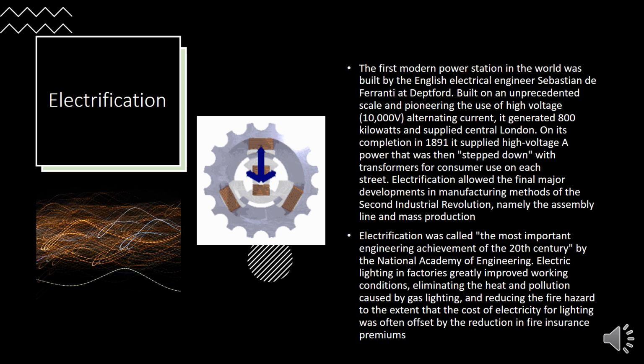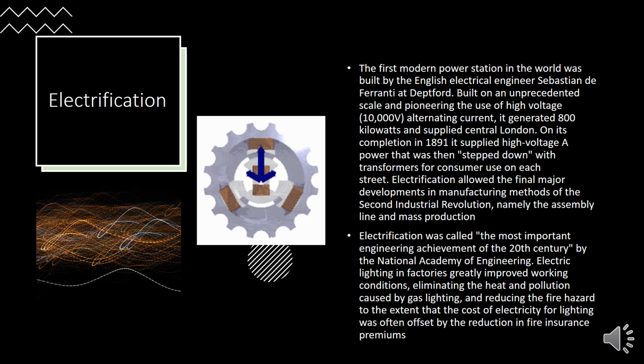So the National Academy of Engineering termed electrification as the most important engineering development of the 20th century because of the dominant effect of using electricity to other areas of science, in electronics, in automotive, in communication, even in transportation.